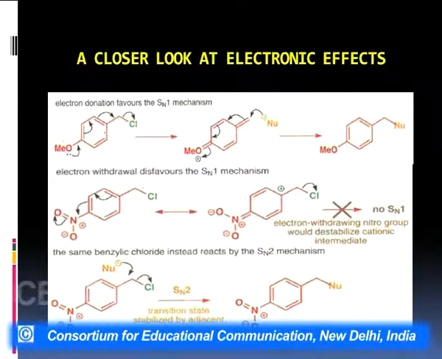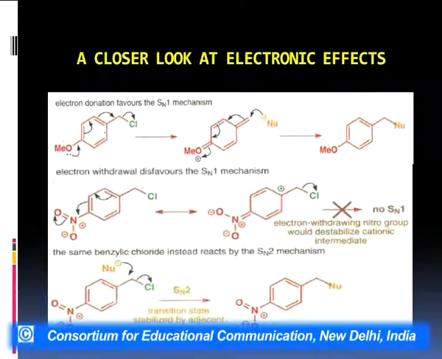And this reaction, in spite of a benzylic ion being formed as an intermediate, will not undergo SN1 mechanism because the carbocation intermediate is not stable. So what we find is that just by modifying the substrate, we can switch over the mechanism. Instead of SN1 mechanism here, the mechanism switches to SN2.